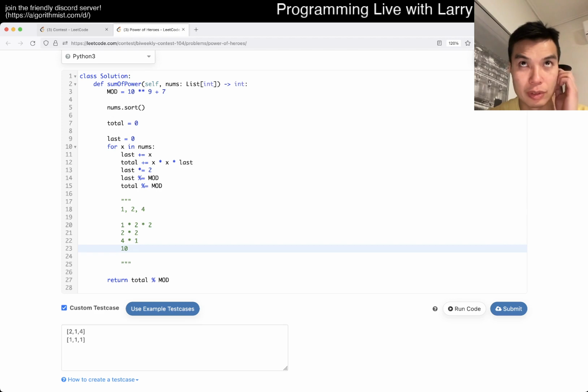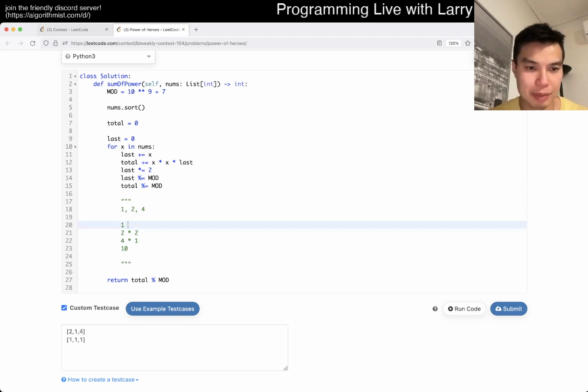And 4, and then 10 and 10. I think I'm just off by 1 loop because I have to do it this way.